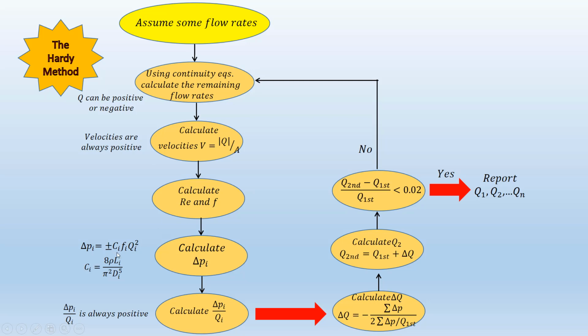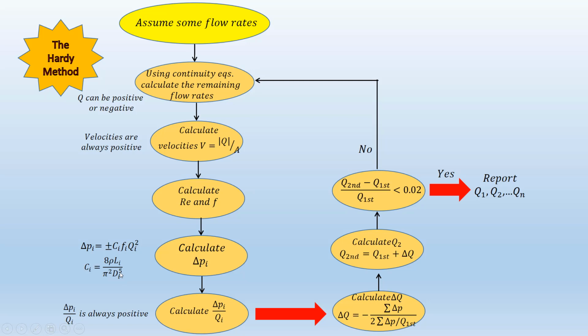And then keeping in your mind that the delta p can be either positive or negative, the delta p_i is c_i f_i q_i squared. So you've already calculated q_i and f_i. So c_i is a constant. It's 8 times density times pipe length over pi squared d_i to the fifth.